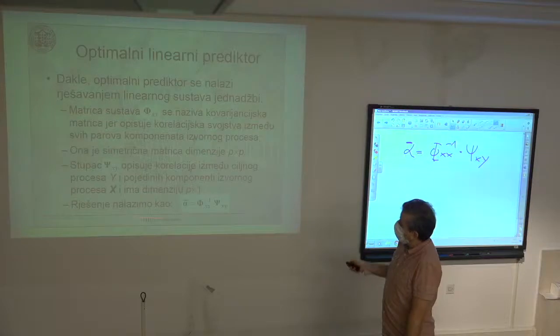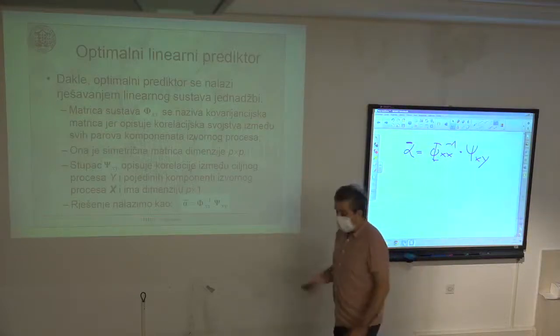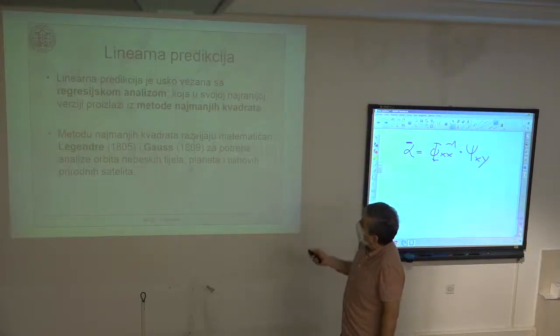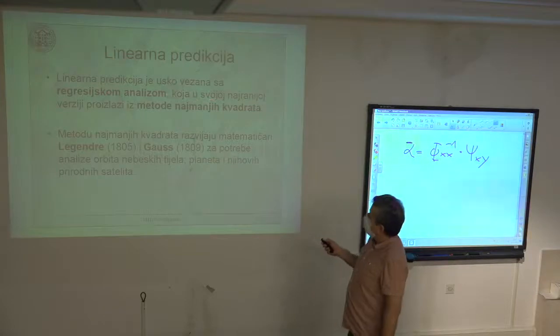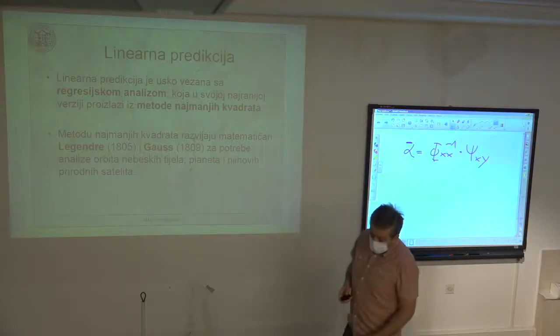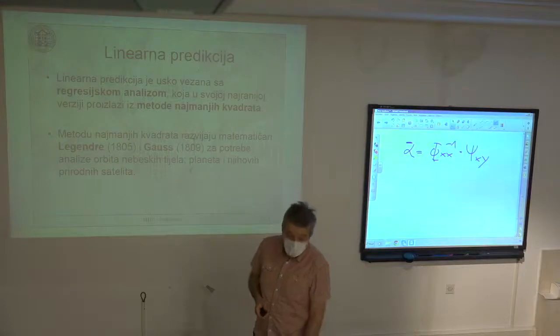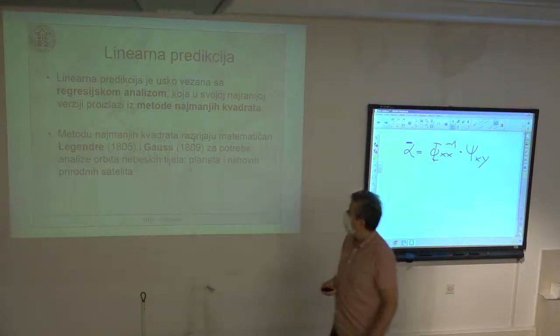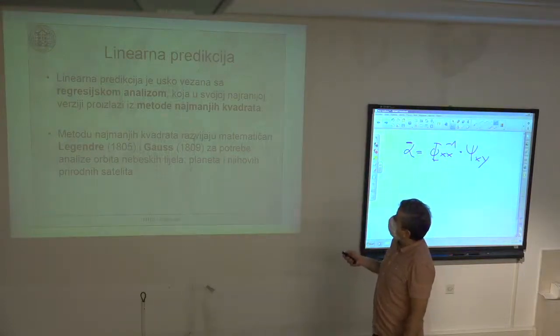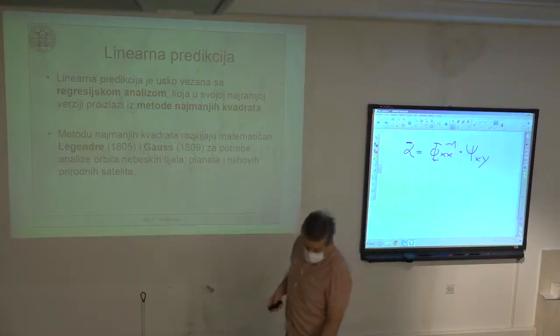This kind of problem is also known as linear regression analysis or regression analysis. In its earliest form, this problem was known as the least squares problem. The method of least squares was developed by two mathematicians.